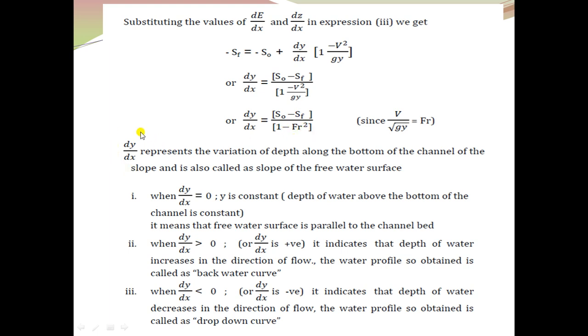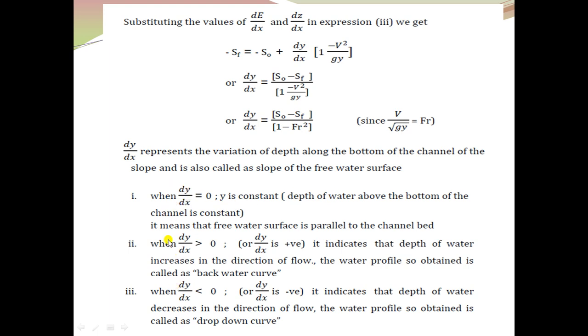So here dy by dx represents the variation in the depth along the bottom of the channel. So dy by dx is slope of the free water surface.